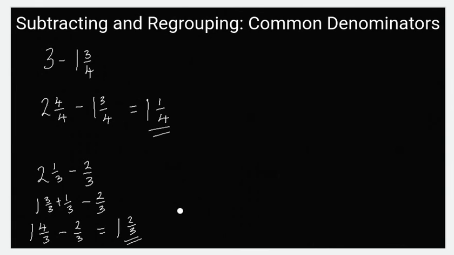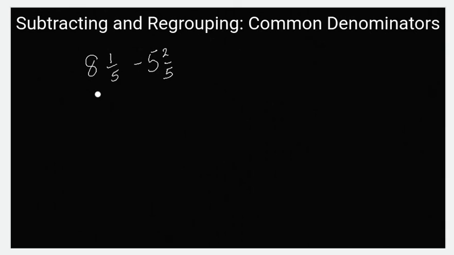All right, let's see if we can do one more. We have 8 whole number 1 over 5 minus 5 whole number, 2 over 5.